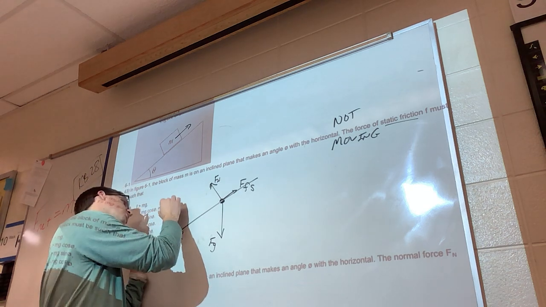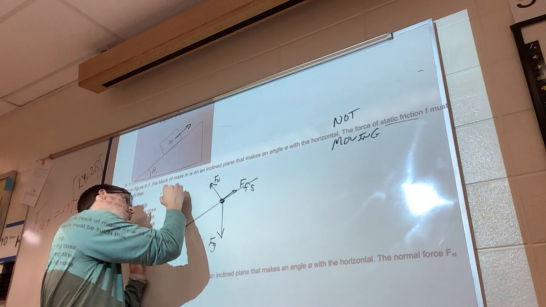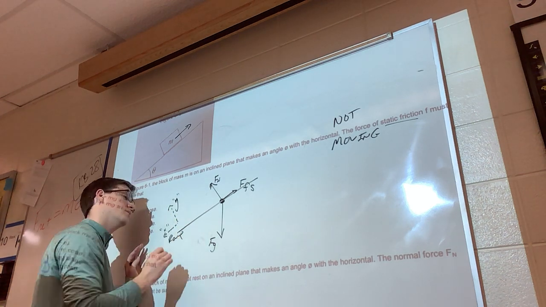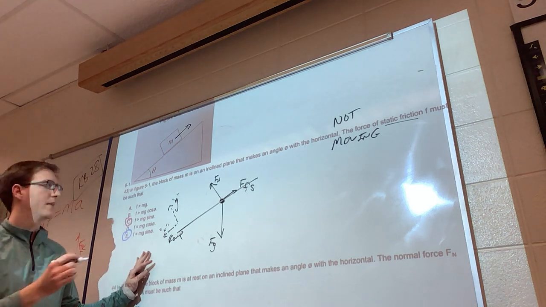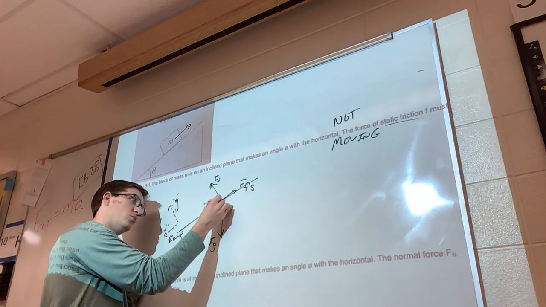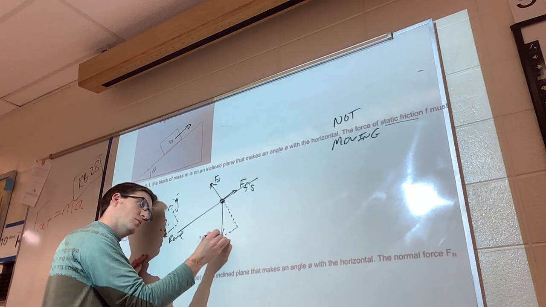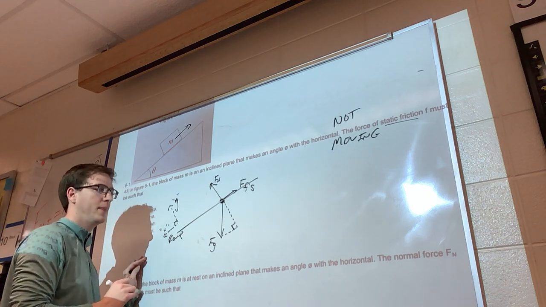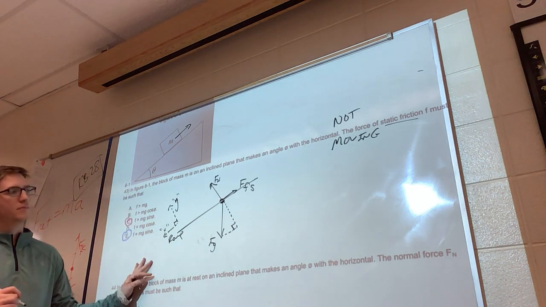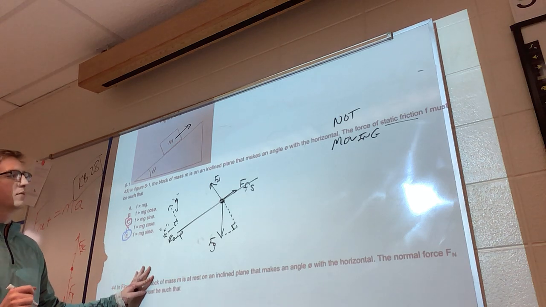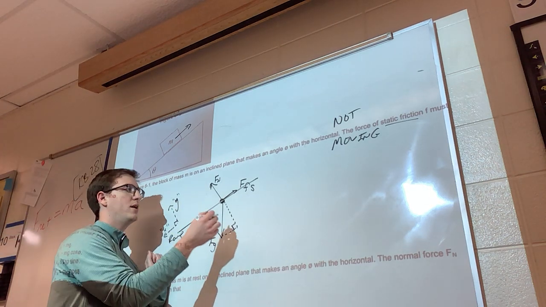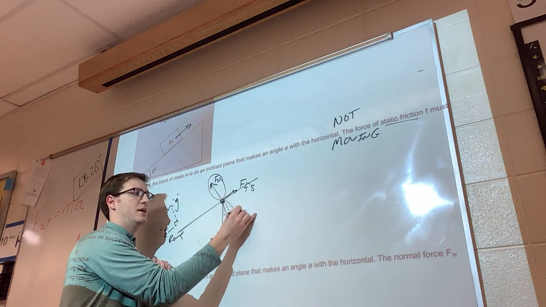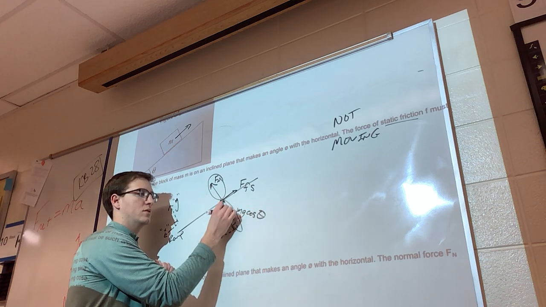So let's do those weird crooked y and x axes. Which means I need to turn Fg into a weird crooked one. Why is it mg sine specifically? Because in the same way that in the previous problem we said this needed to balance this, and this was the mg cosine because our angle was right there.